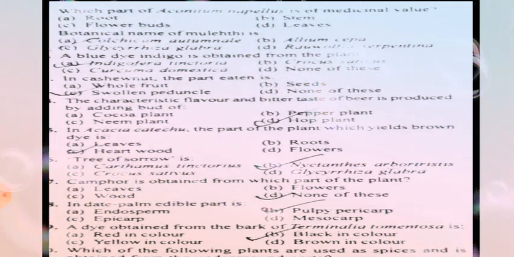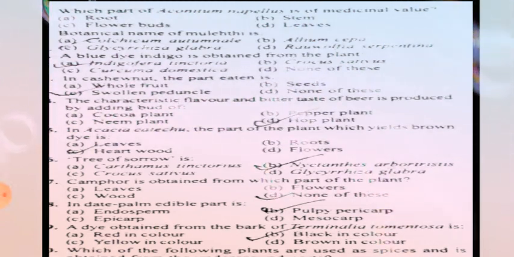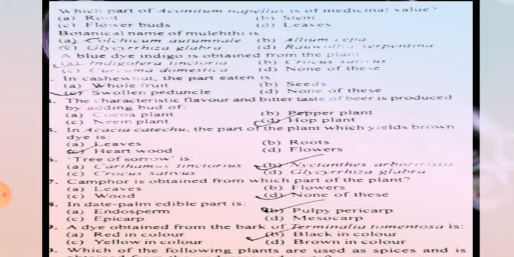Then comes the next one: in Acacia catechu, which part of the plant yields brown dye? It is the heartwood. So in Acacia catechu, the heartwood is the main part from which the brown dye is obtained.